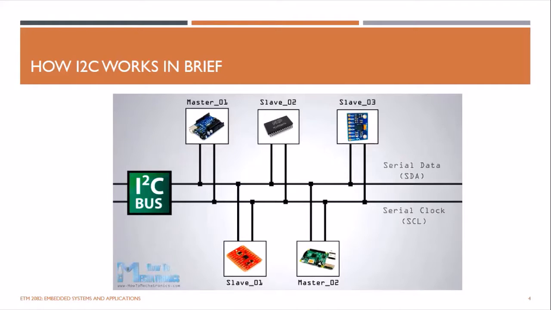The two lines are open drain, which means that pull-up resistors need to be attached to them so that the lines are high, because the devices on the I2C bus are active low. Commonly used values for the resistors are from 2K for higher speeds at about 400 kilobits per second up to 10K for lower speeds at about 100 kilobits per second.